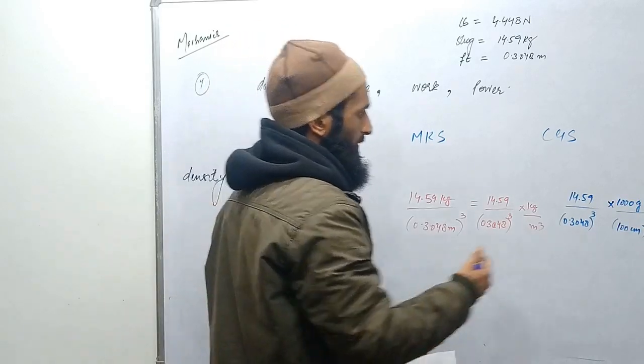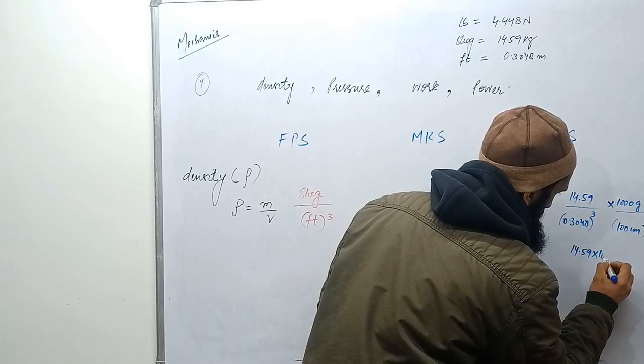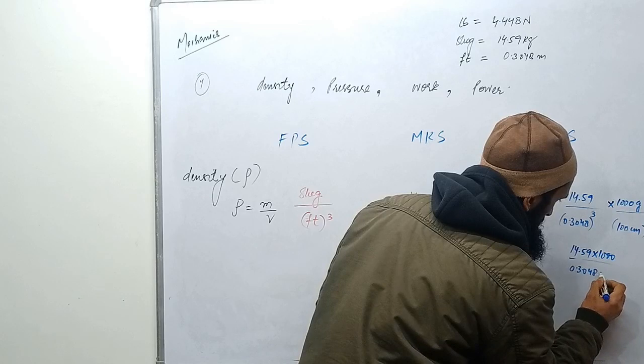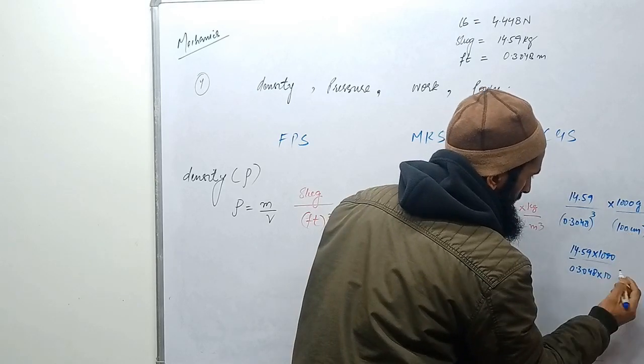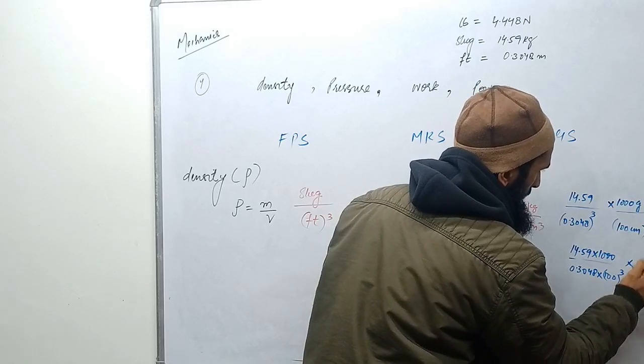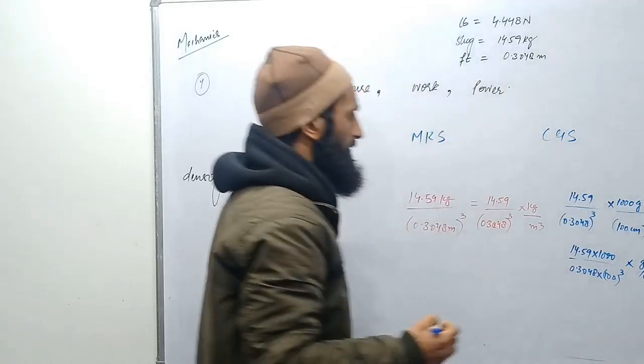After simplifying, we get 14.59 multiplied by 1000 divided by 0.3048 into 100 raised to power 3, multiplied by gram per centimeter cube.